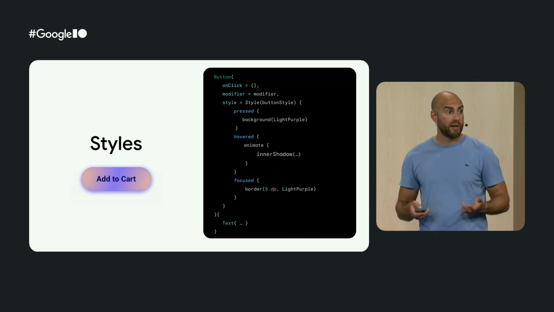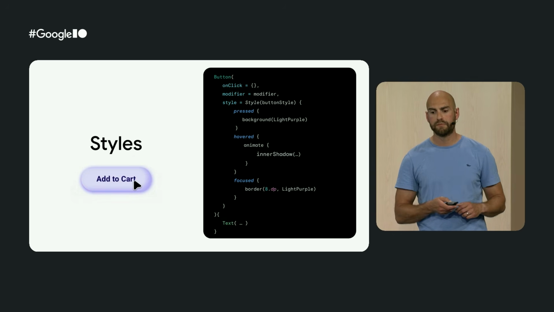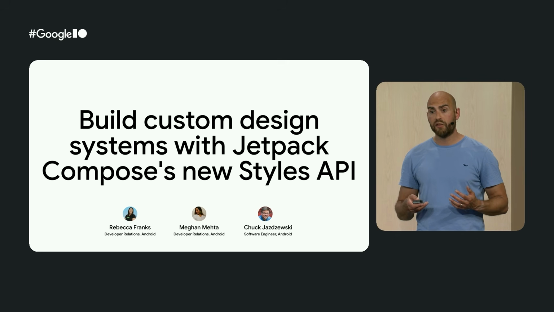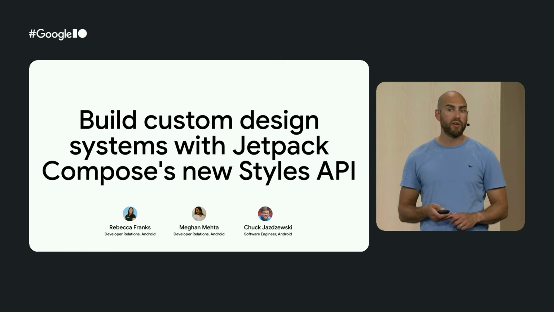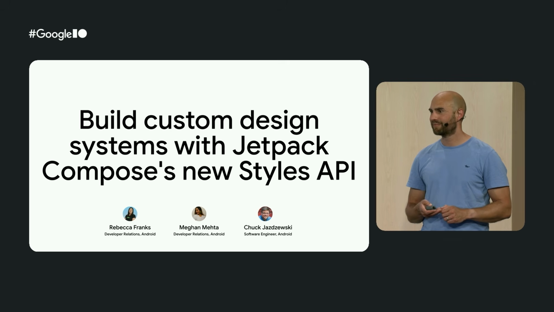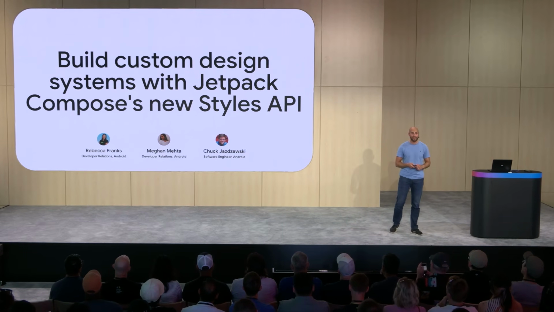And it's performant out of the box, automatically minimizing recompositions for you. So we're working on Styles and would love your feedback as we continue to build it out. And we plan to add style support to our Material components in a future release. For more details, I highly encourage you to check out this talk on the style system.